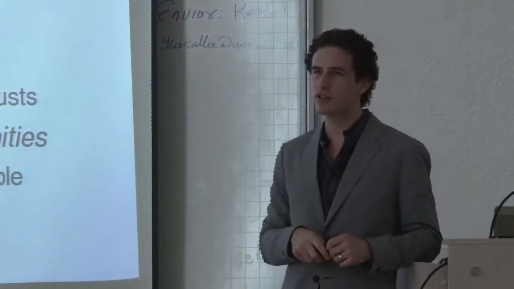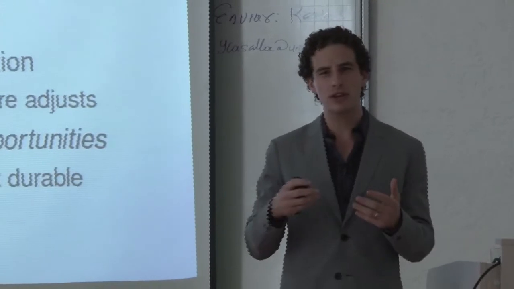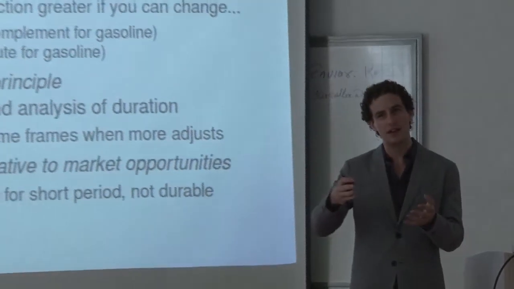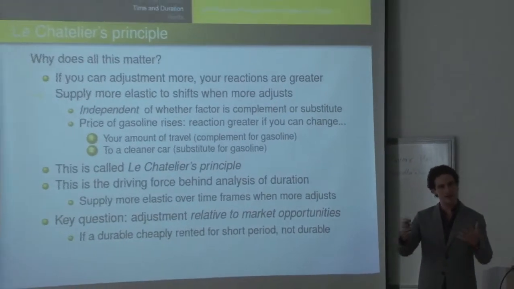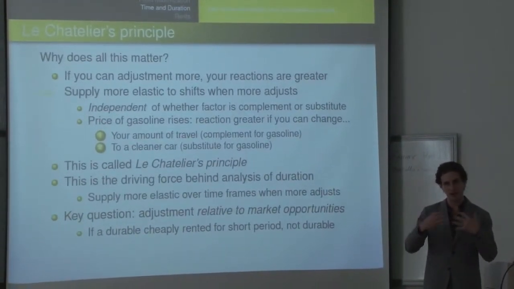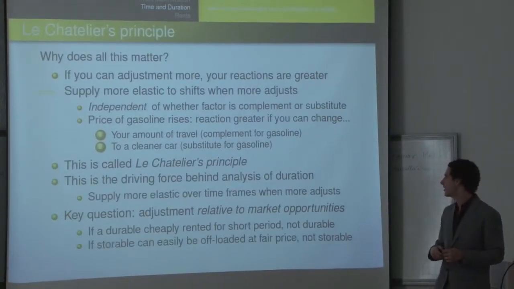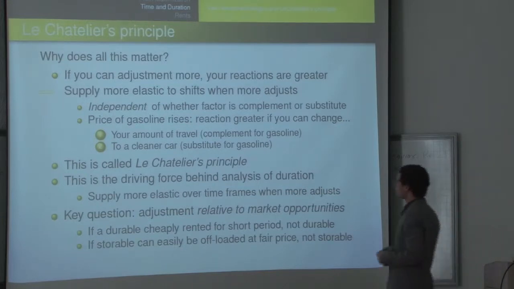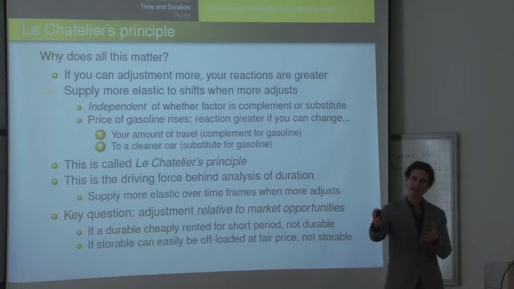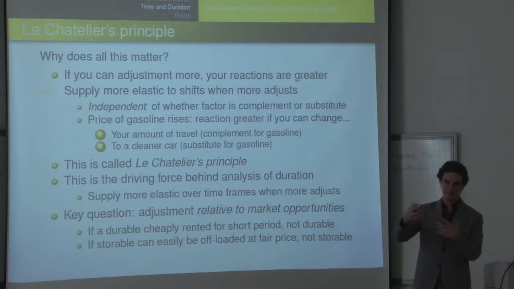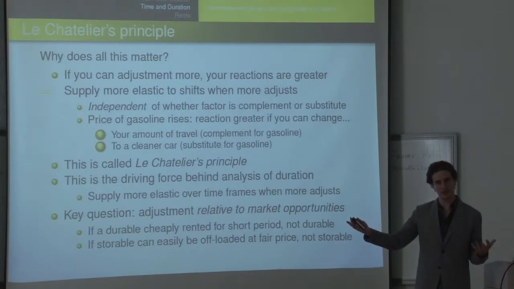So if you have some durable good, but you can sell it, you're only renting it, or you can sell it back very cheaply, it's not really durable for you, right? You can easily buy it now and then sell it back later. You can buy the clean car and then sell it back later. If it's storable, but you can offload it at a market price, like if you had that candy, but you were easily able to buy it at the same price from someone else or sell it back, then it's not really storable for you, right?